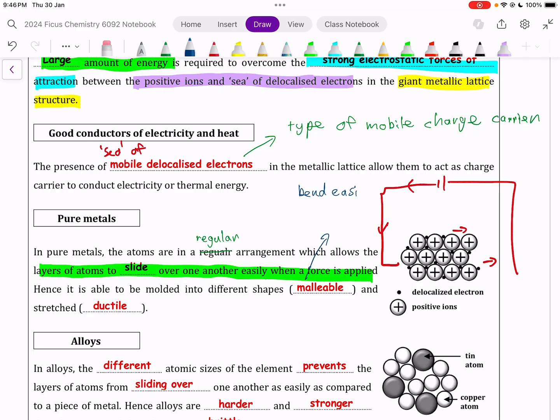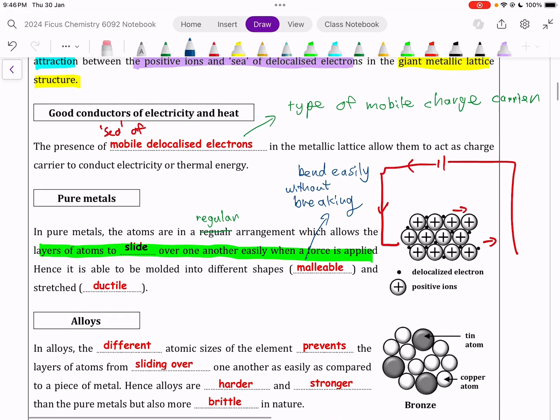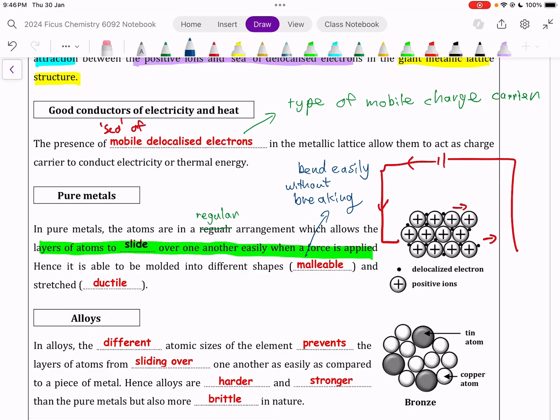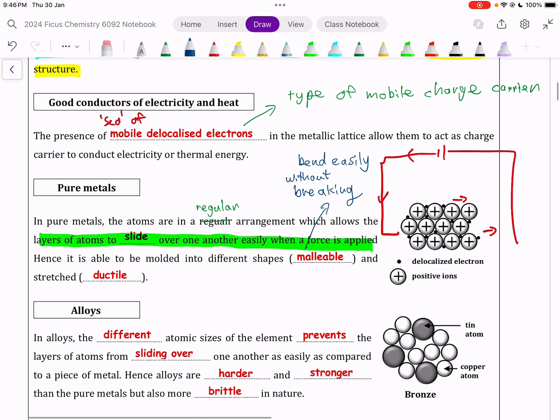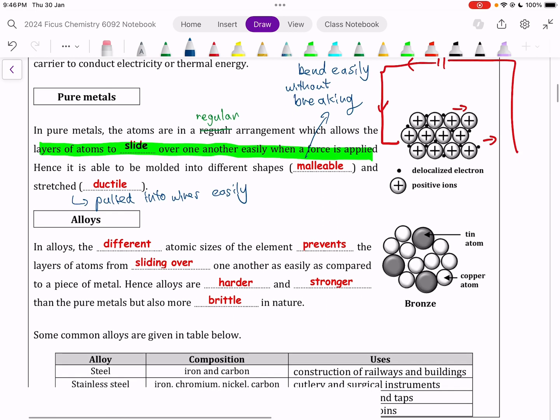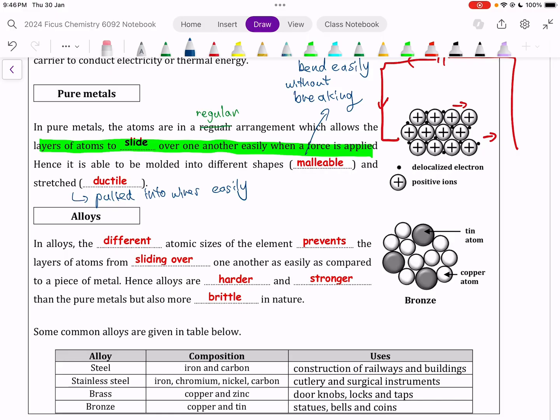That's for pure metal. This chapter will be discussing a lot about the reactions of metals. Another thing is that it can be stretched, that means it can be put into wires easily. For the alloys part, they are harder and stronger.